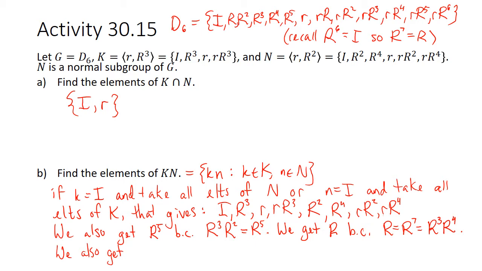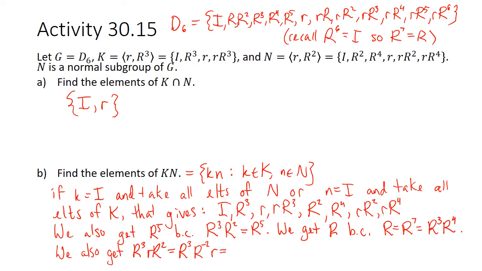If we do r cubed from K and then little r times r squared from N, I don't know if you remember that you can commute the little r with the big R if you make the big R's exponent negative. If I move the r squared across the little r, then the exponent becomes negative.